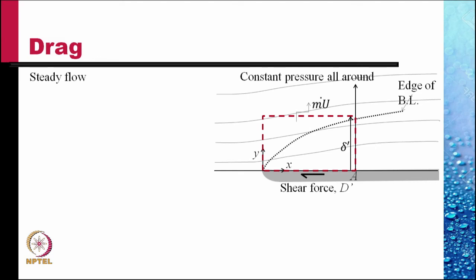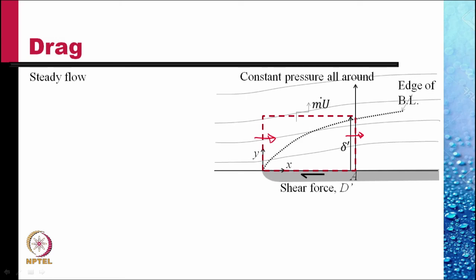And what is m dot? M dot is obtained as the mass entering this left control surface and leaving at the right control surface. The mass entering the left control surface is rho U delta prime per unit depth.